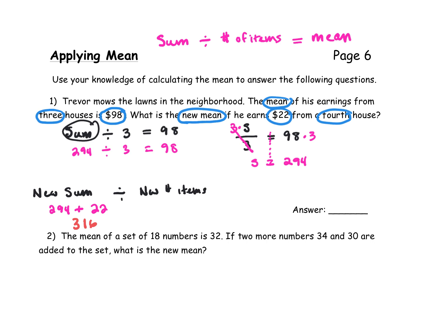And we'd find that the old number of items started out being 3 houses, and now he's going to add another house. So that equals 4. So we're going to divide this time by 4, and that's going to equal our new mean. And so if we take 316 divided by 4, we're going to get 79. So the new mean, or average, is 79.